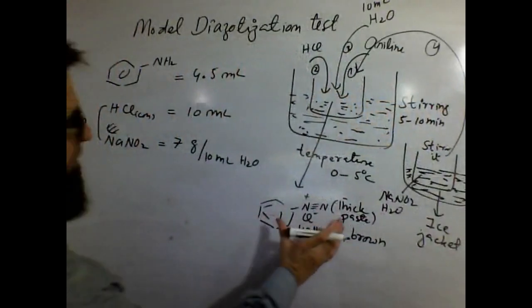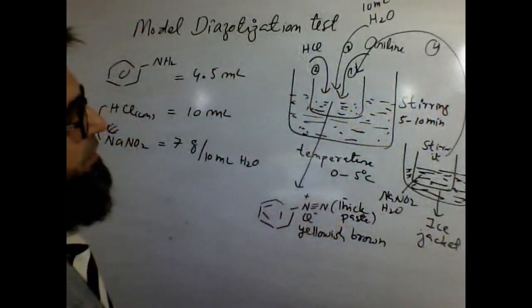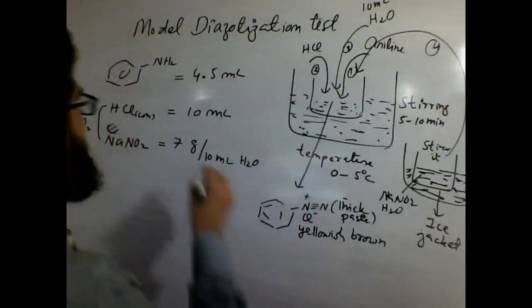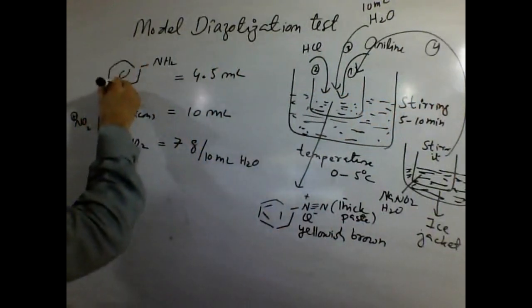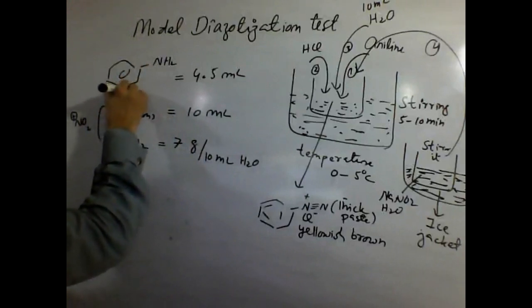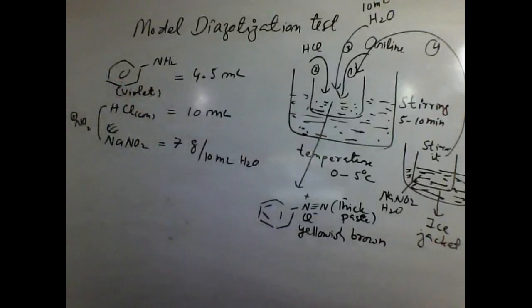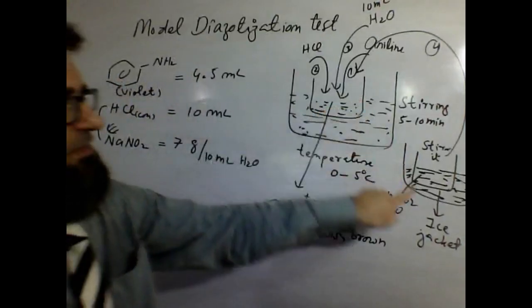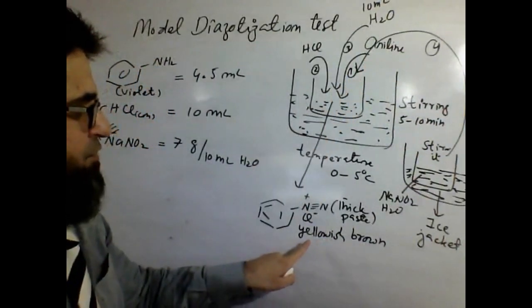So we have produced diazonium salt. One thing should be kept in mind: initially the aniline is of a violet color. The starting material is of a violet color, the aniline which we put in the beaker right in the beginning. After the diazotization, the product is of yellowish brown color.